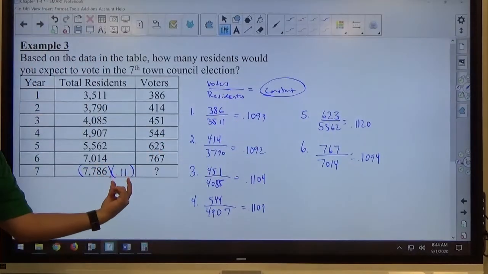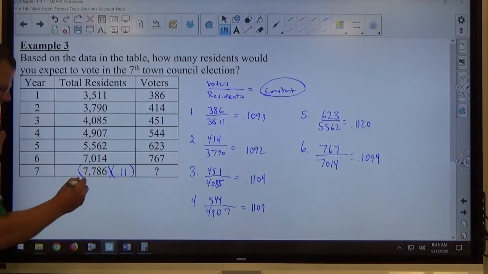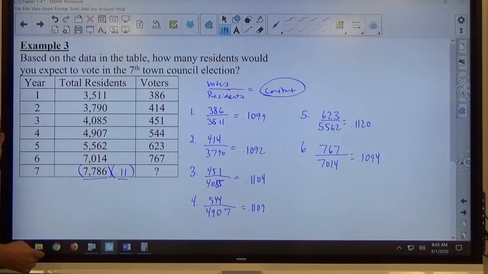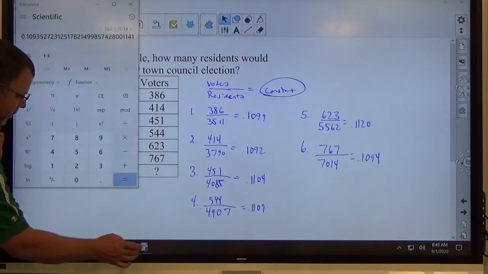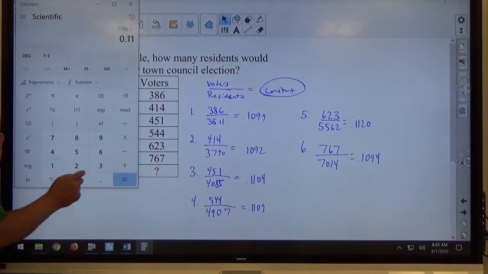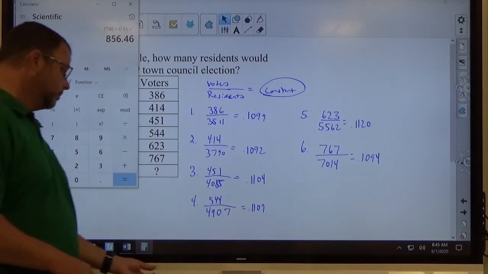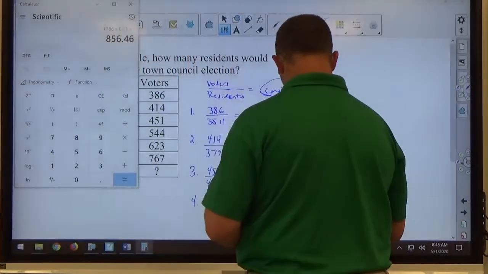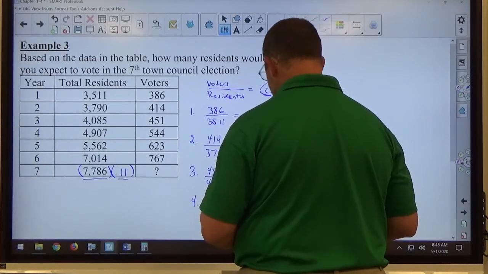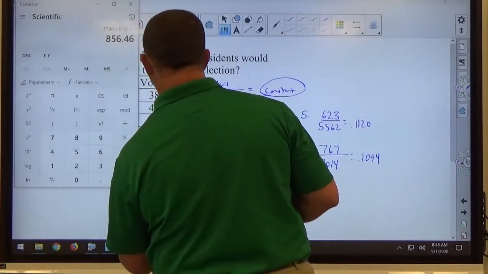If I assume 11% participation in the election, I'm going to take the total number of residents times 11% to get how many voters that will be. So that's going to be 7,786 times 0.11, which is 856.46 people. So year 7, I would expect 856.46.